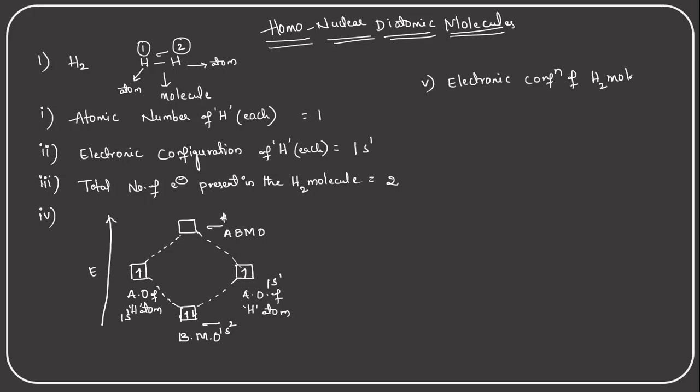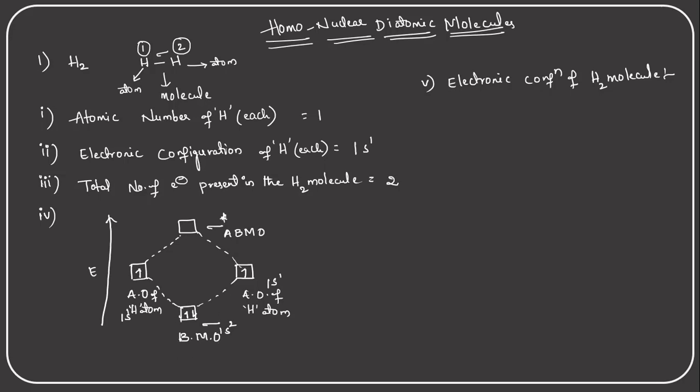H2 molecule, not an atom. So please don't confuse here. Here I have written the electronic configuration of the hydrogen atom, right? The hydrogen atoms participate in the bonding in order to form an H2 molecule. So after the formation of the H2 molecule, what will be the electronic configuration?